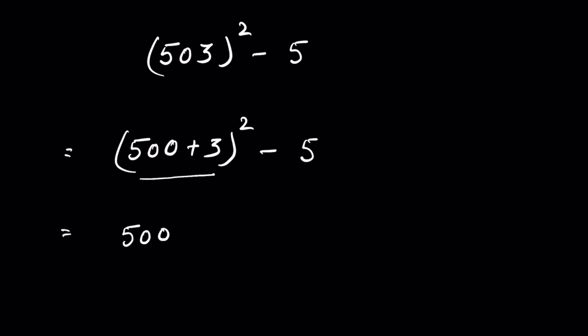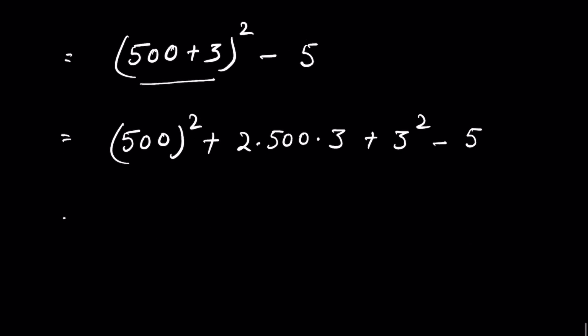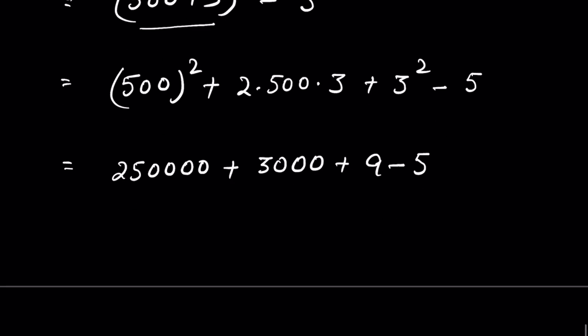So 500 square plus 2 times 500 times 3 plus 3 square minus 5. 500 square is 25 and 4 zeros, plus 5 times 2 is 10, times 3 is 30, and 2 zeros, plus 9 minus 5, or it is equal to 253004. 9 minus 5 is 4. So this is our answer.